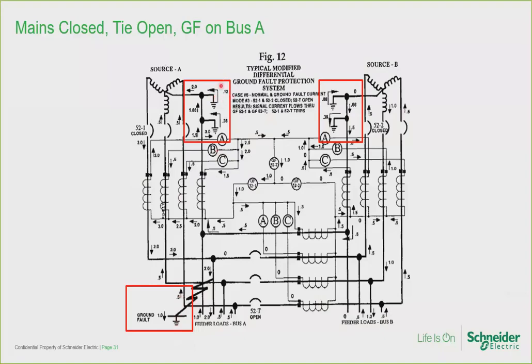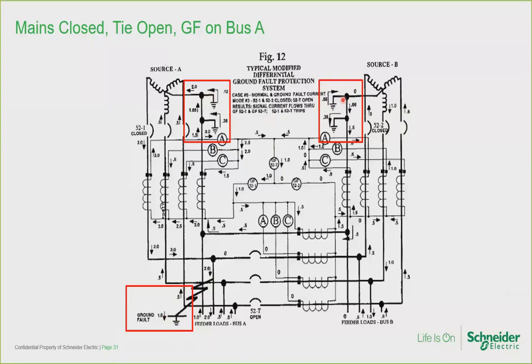It's hard to read, but that's 0.12 per unit of this ground fault current flowing into the system bonding jumper at source A. The other 88%, or 0.88 per unit, diverts into the system bonding jumper at the source B transformer right here. So the ground fault current flowing here into the bonding system splits into two paths, the system bonding jumpers at each transformer.